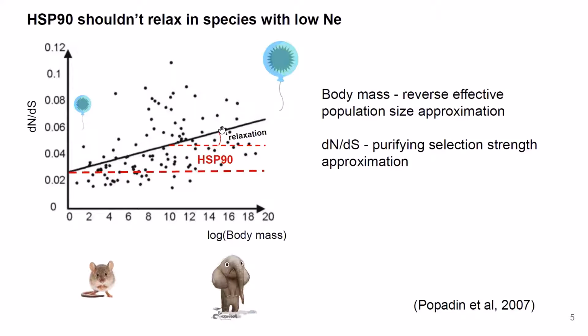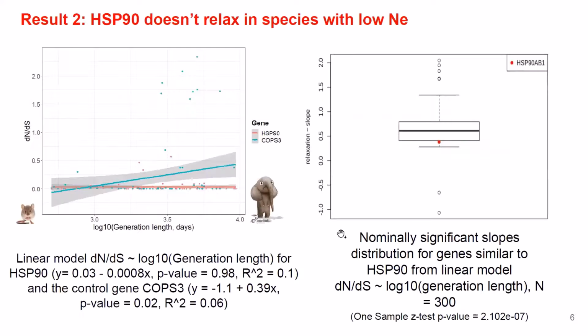And taking into account the specific role of HSP90, which should be especially important in species with low effective population size, we expect that the level of relaxation of HSP90 should be 0 or at least less compared to other genes. And to check this, we built a simple linear model of the NDH ratio versus logarithm of generation length, which is another approximation of effective population size.